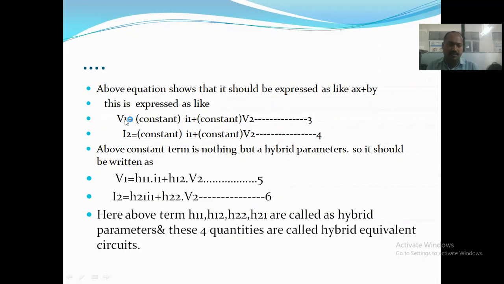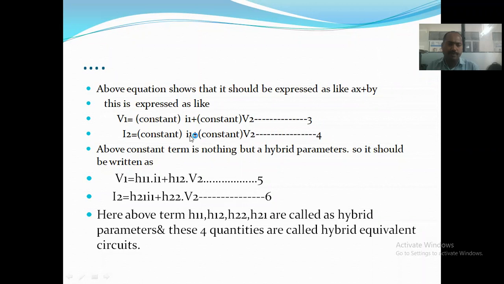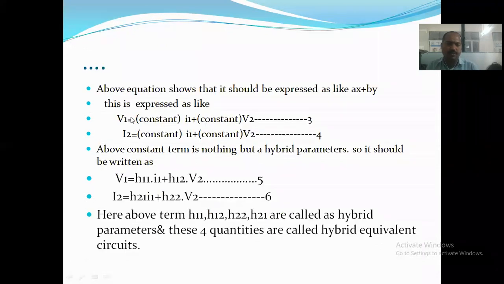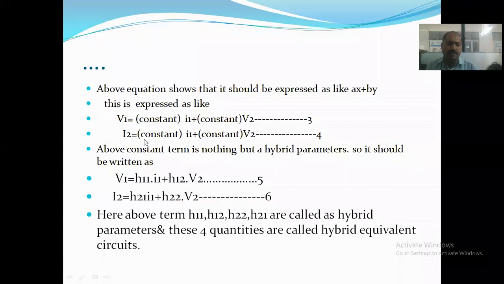So phi1 is equal to this equation in the form of AX plus BY, right? In phi1 equal to A, A indicates a constant, so we put the constant. phi1 equals constant into the X variable, and the X variable is I1.